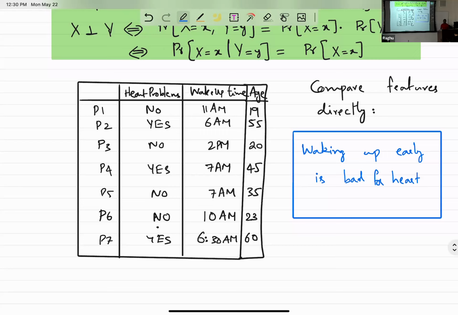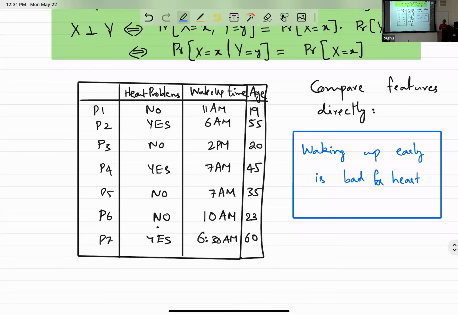But that's not actually what's happening. There's really a confounder, which is the age, right? So if you want to check whether heart problems and waking up times are connected, what would you need to do? You need to somehow, yeah, go ahead.